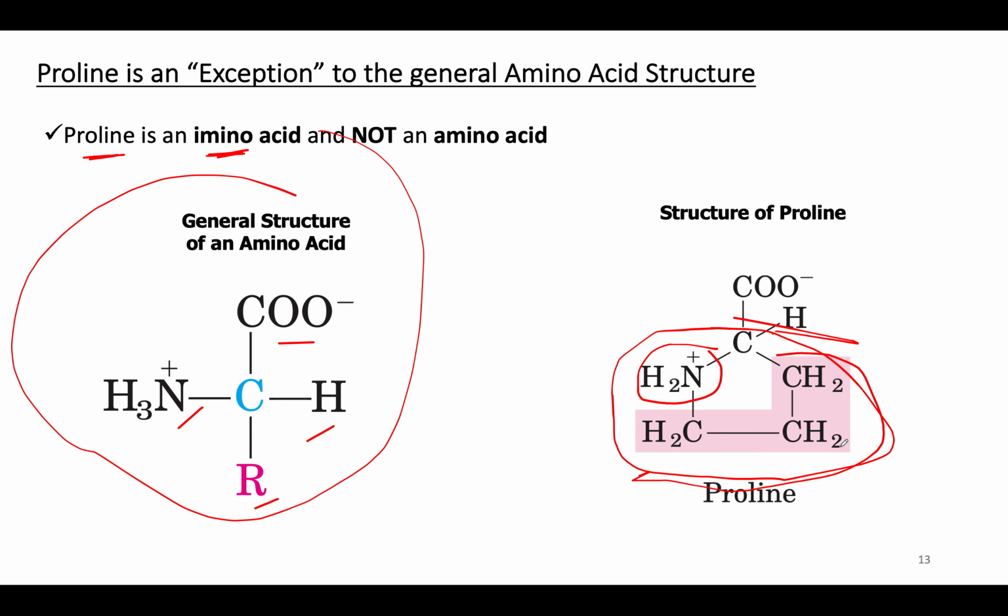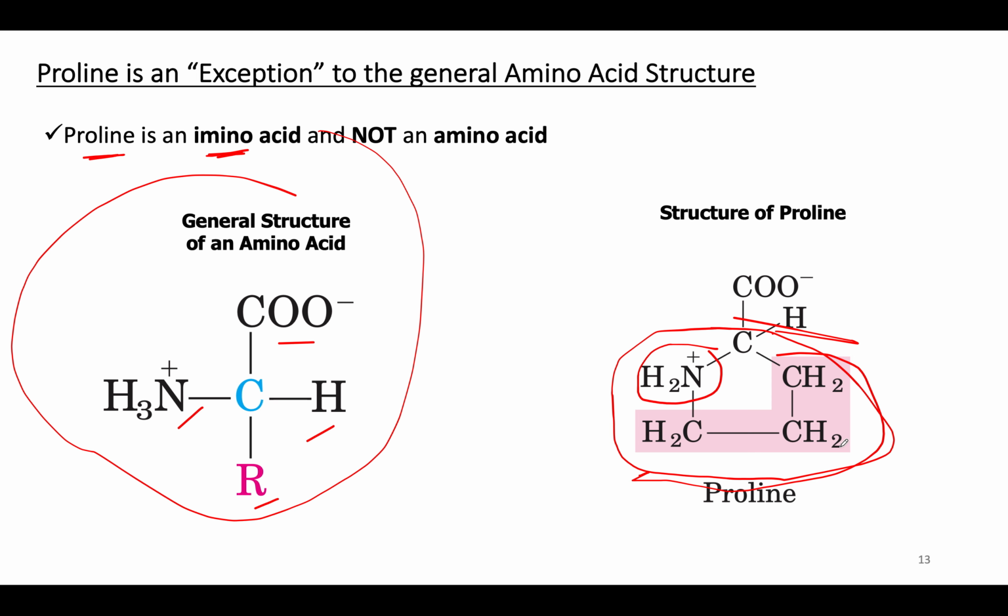This is just for your information. I generally do not ask recall type of questions, but what is the ring that is present in proline? The answer to that is pyrrolidine ring.